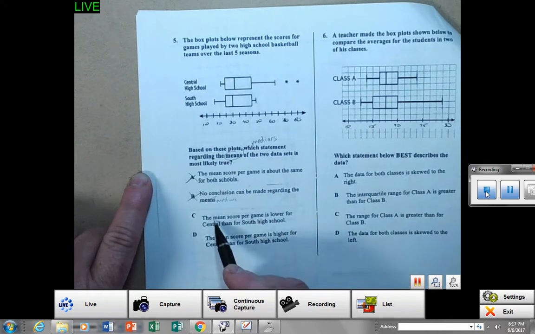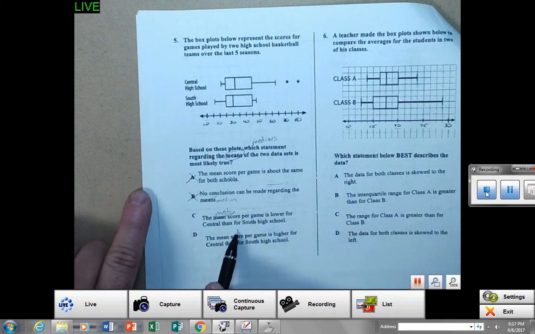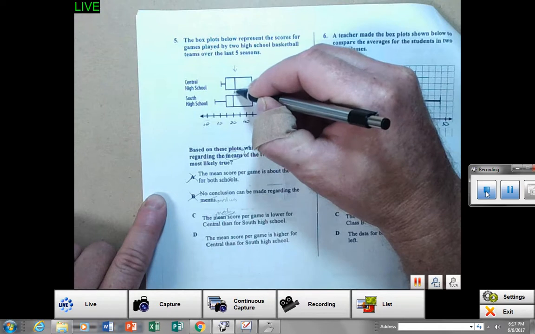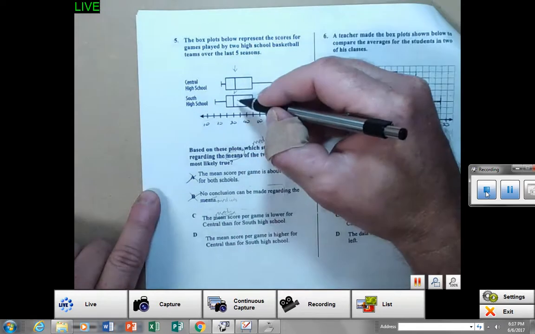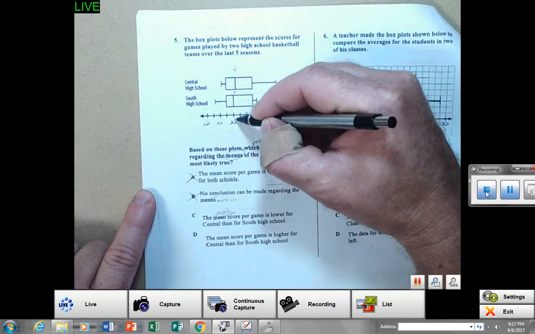The median score per game is lower for Central than South High School. This is the median, that middle box. If I look at the median for South High School, it is 30, right on that line.